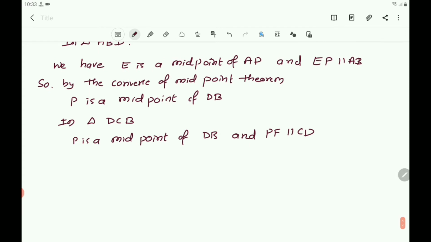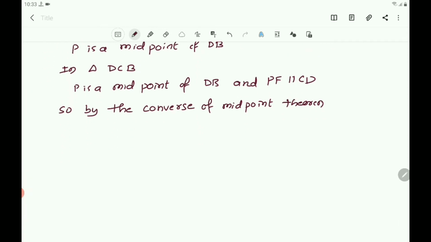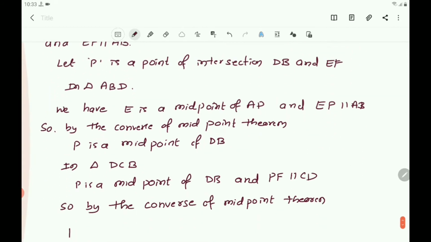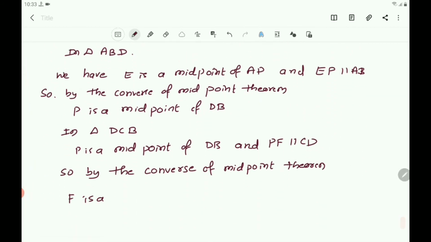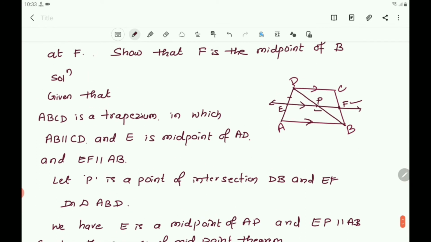Therefore, by the converse of midpoint theorem, P is a midpoint of BD, and again you can have F is a midpoint of BC. Got that?